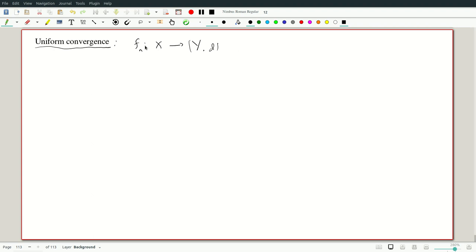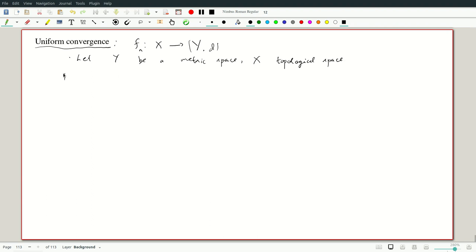So now let Y be a metric space, and X is a topological space. So Y is also a topological space using the balls as the neighborhood basis and hence as the basis. So X is a topological space.